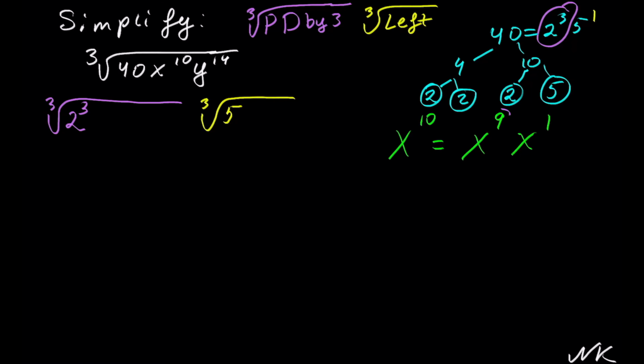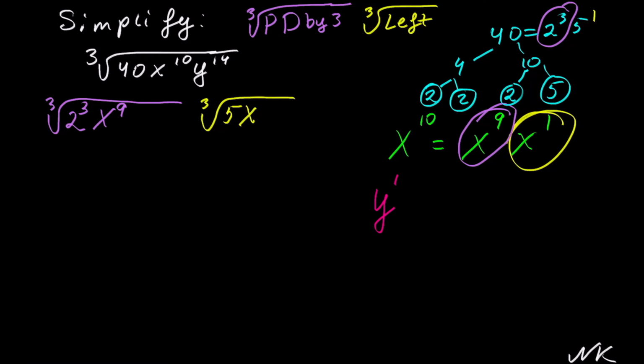We will put x to the 9 into the left radical, and x to the 1 will go into the cube root that is hosting the leftovers. So we have 5x in the leftovers.